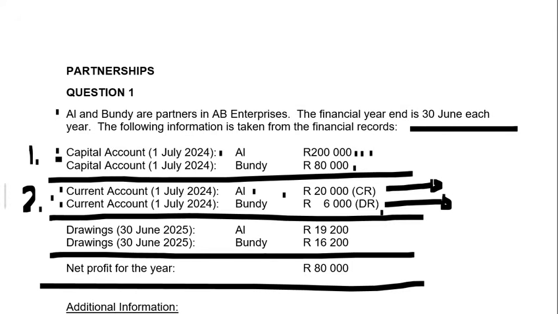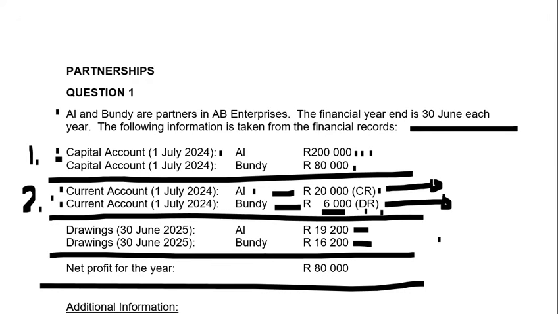The partnership owes Al 20,000. Bundy has a debit balance, which means that Bundy has over withdrawn from the partnership. For our purposes, we treat the debit balance as a negative and the credit balance as a positive, but more about that a little bit later.